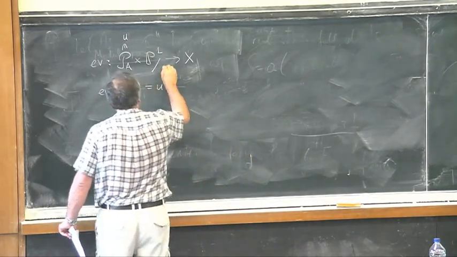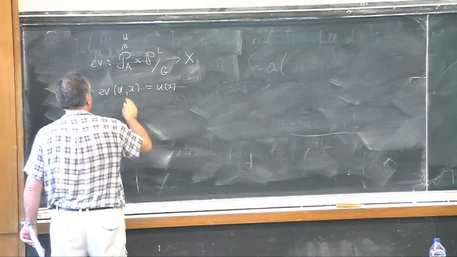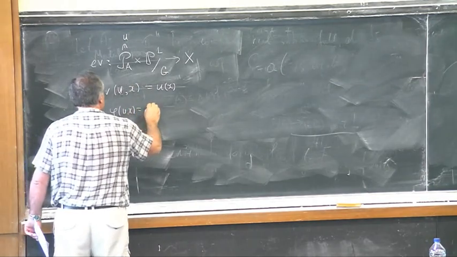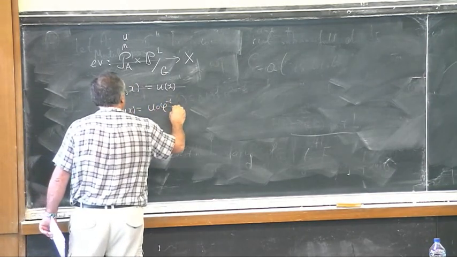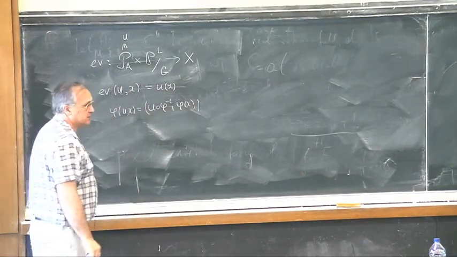That action, phi on (u, x), is (u of phi inverse, phi of x), and it leaves the evaluation map invariant.